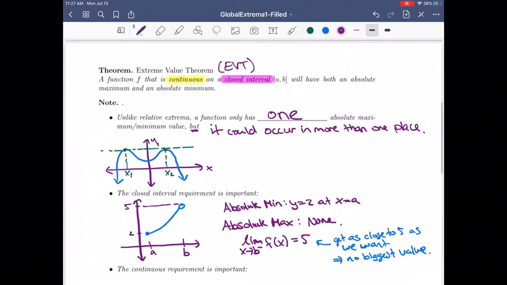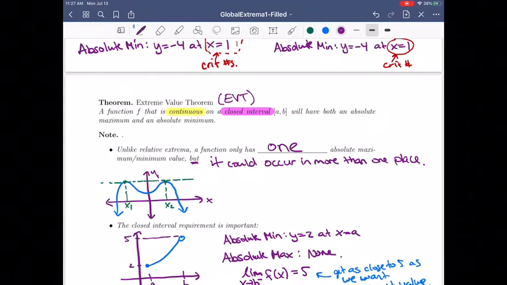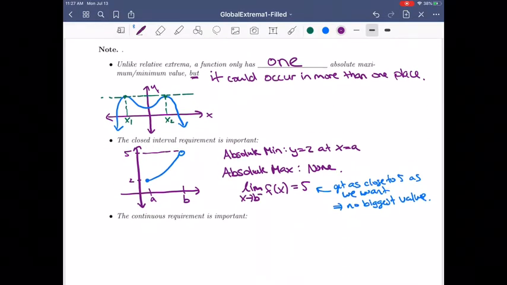So in order to guarantee that there's both a min and a max, you must have this closed interval. Now, is it possible that you have an open interval and you get a max and min? Of course it's possible. But you can't guarantee that it's always going to happen unless you have a closed interval and your function's continuous. It's possible that you still have a max or min even if you have an open interval and you're not continuous, but it's not always going to happen.